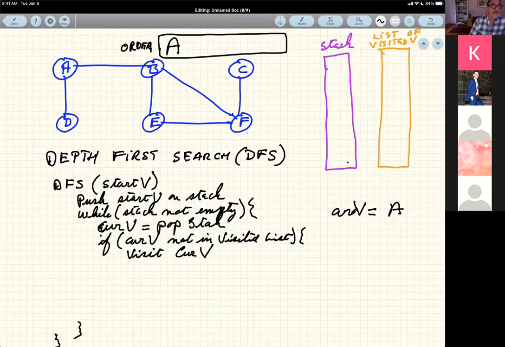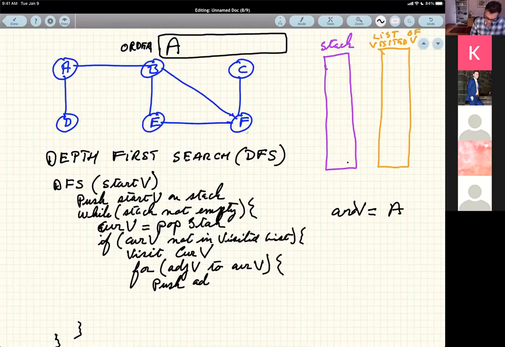After I visit the current vertex, for all the adjacent vertices to the current vertex, push the adjacent vertex on the stack. What are the adjacent vertices over here?